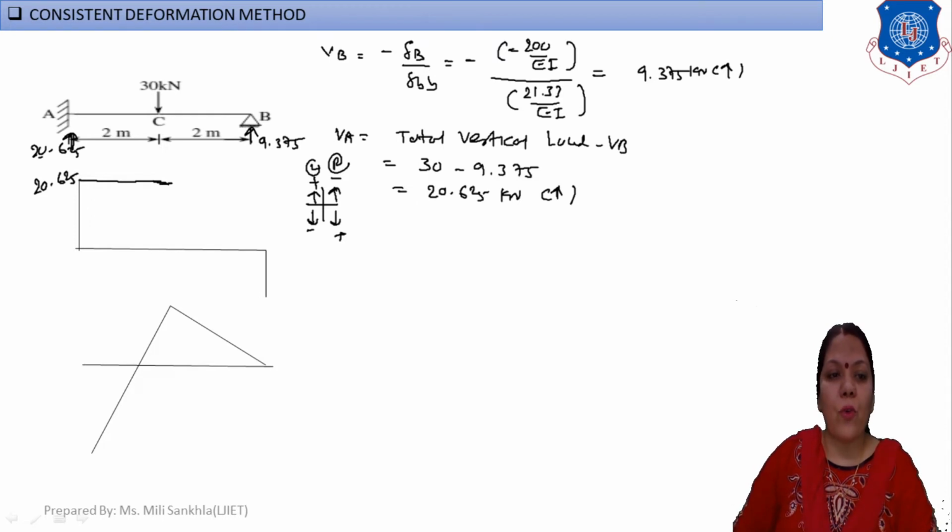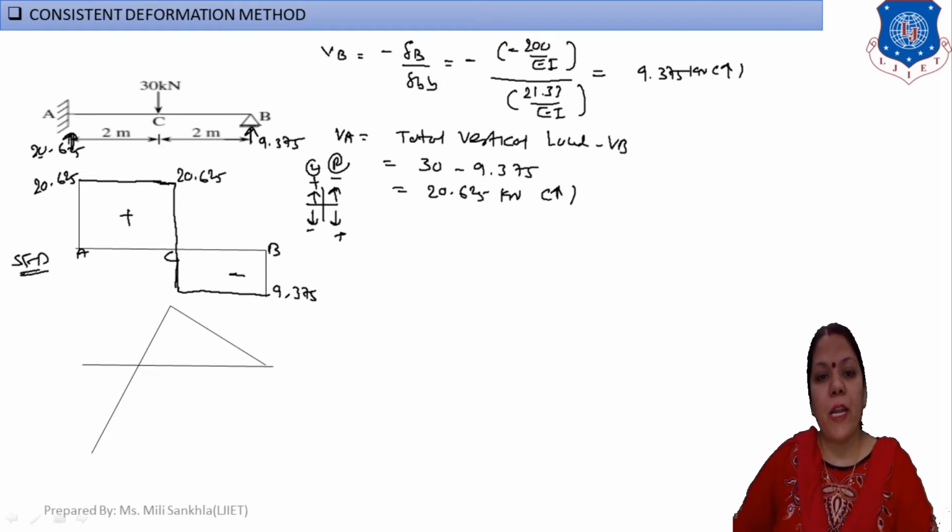So go down here, because this is the height 9.375. Now again it is constant up to this point, minus 9.375, and this is plus 20.625. This is A point, this is B point, and this is C point. This is our SFD diagram.